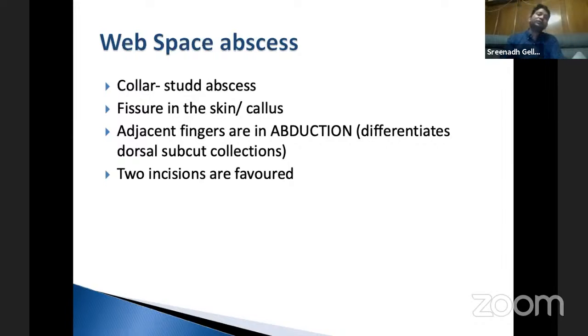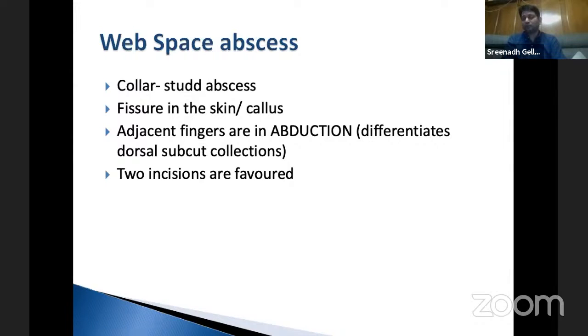So if they're showing two X-rays with two pictures with these two findings, you must always say, based on the abduction, which one is your first differential diagnosis. And the favored treatment is a two incision technique. One incision goes on the volar side, one on the dorsal.